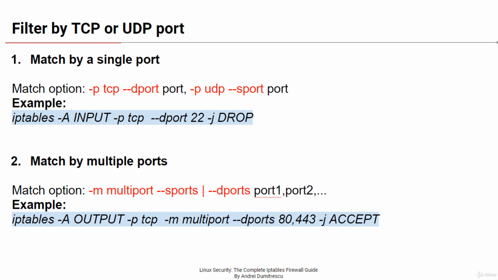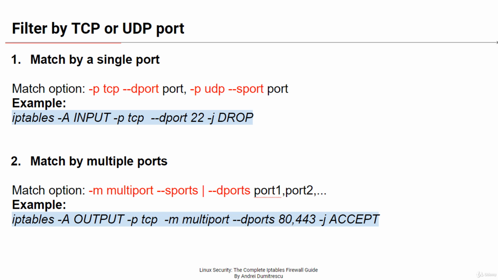In this lecture, I'm going to show you how to filter traffic by TCP or UDP ports. This is a very common task when developing a firewall. You can match by a single port using the match option --dport, which comes from destination port, or --sport, which comes from source port.